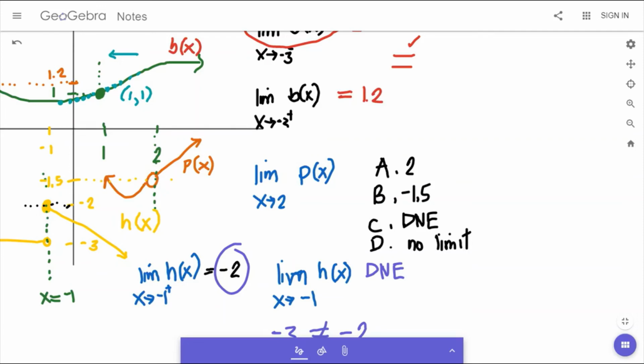B, negative 1.5. Bakit yun na napili mo? Kasi may pakiramdam ka na yun ang sagot? Yun ba? Okay. Okay, Lester. I know at this point you are still trying to absorb the topic. That is also understandable. Okay.